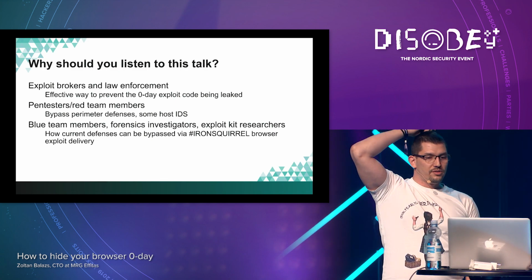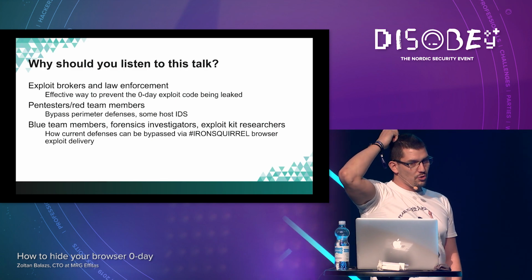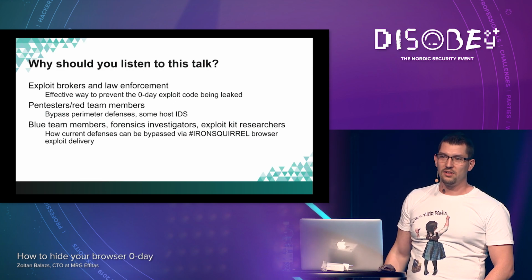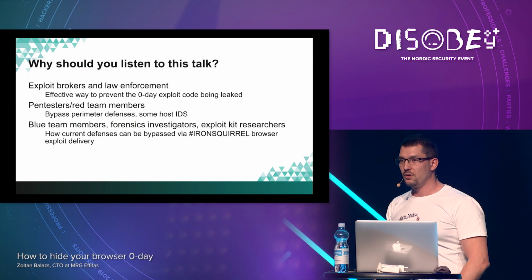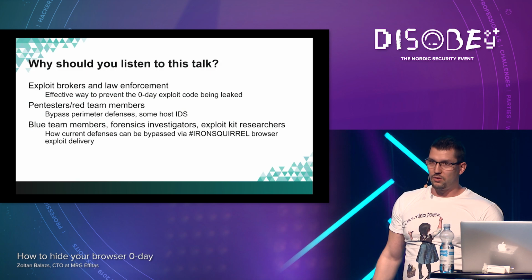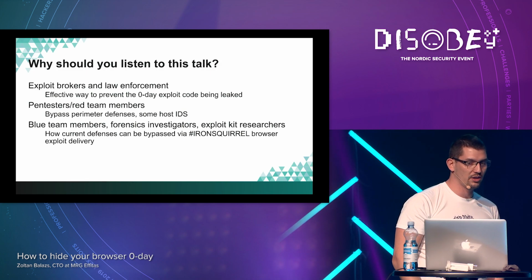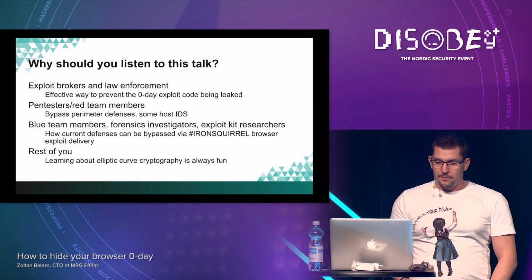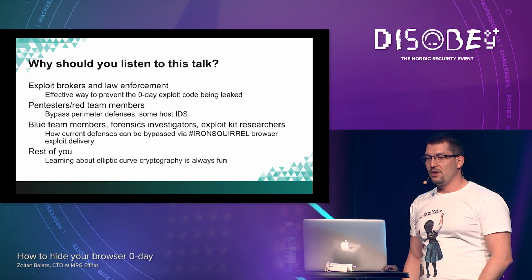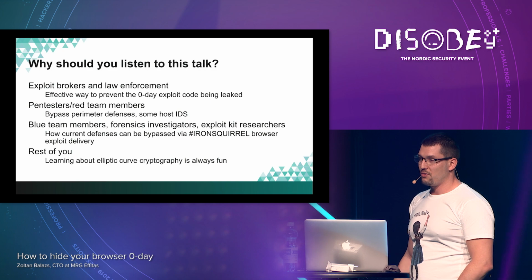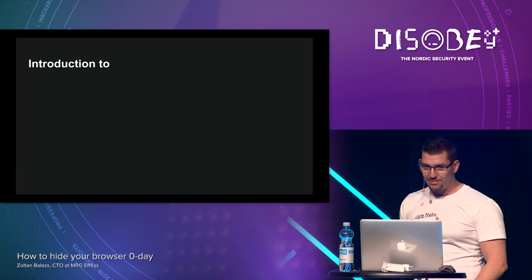Okay, so for you guys, I'm going to show you how your current defenses might be bypassed with my tool, and what you might be actually looking for if you are searching for advanced attackers. And for the rest of you, I think learning about elliptic curve cryptography is always fun.